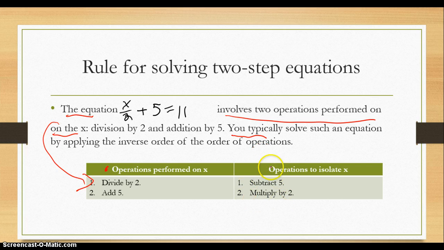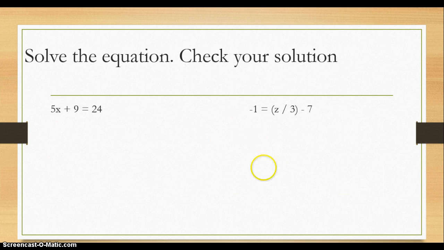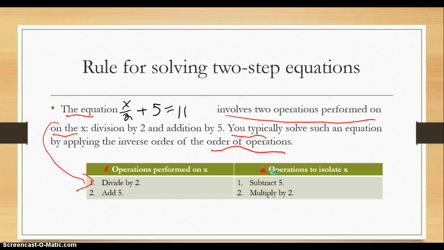Usually we would think about order of operations and PEMDAS, but when you're solving a two-step equation, you do it in the reverse order. So here are the operations to isolate the x: we're going to subtract 5 and then multiply by 2.